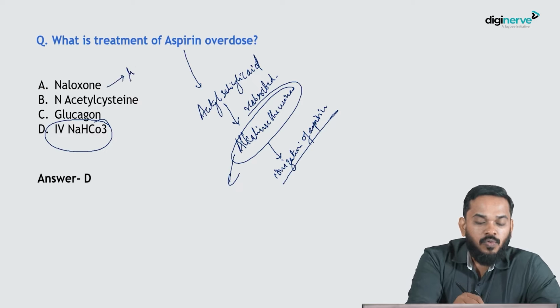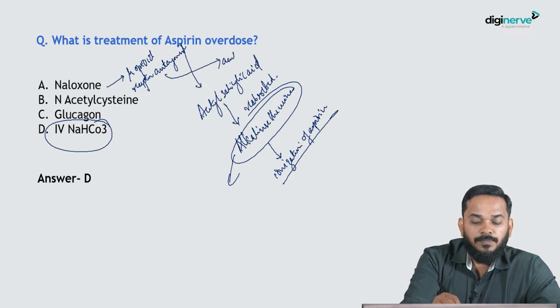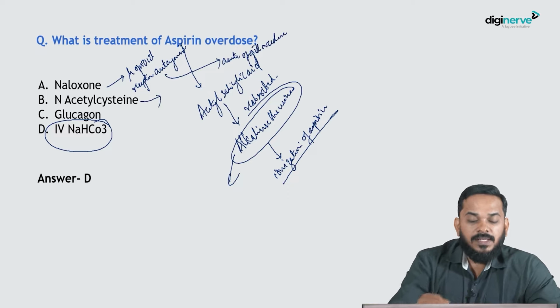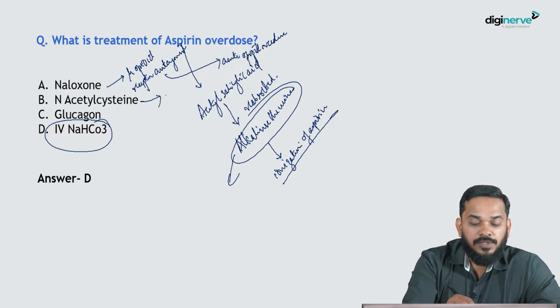Naloxone is a mu opioid receptor antagonist, used to counteract acute opioid overdose. N-acetylcysteine is used in paracetamol overdose.